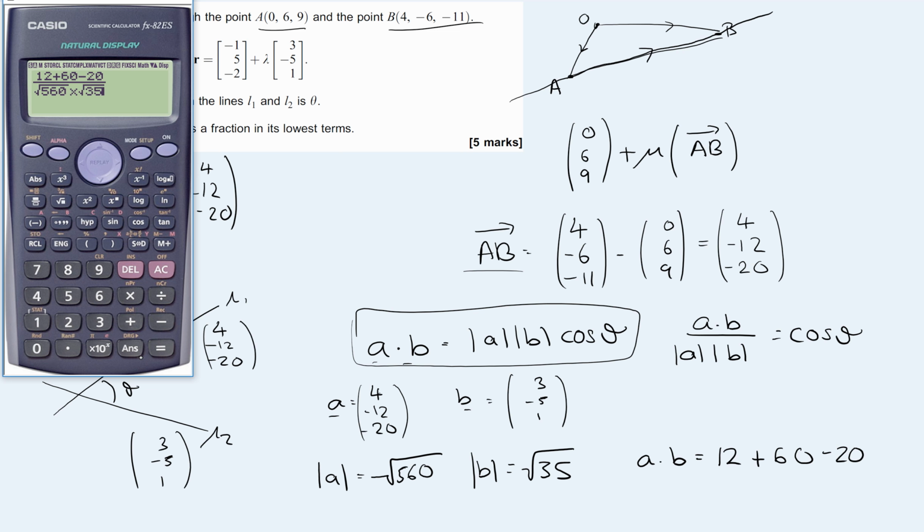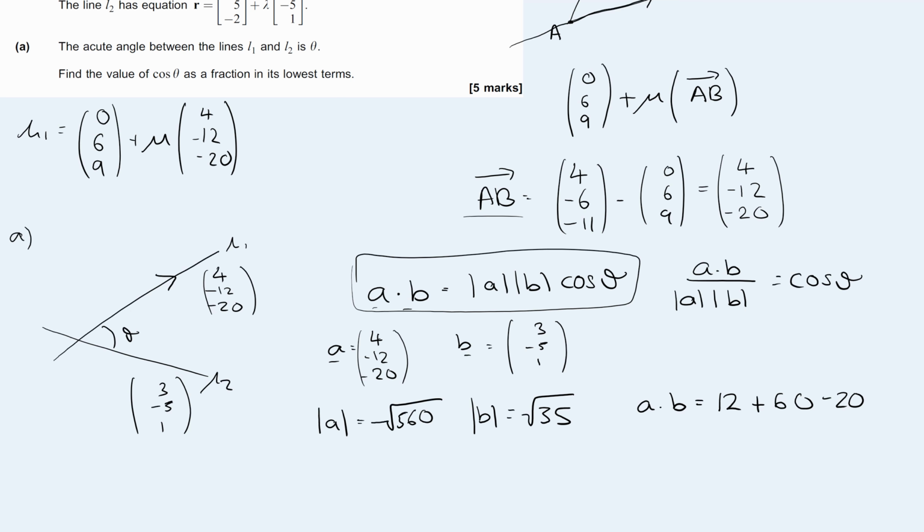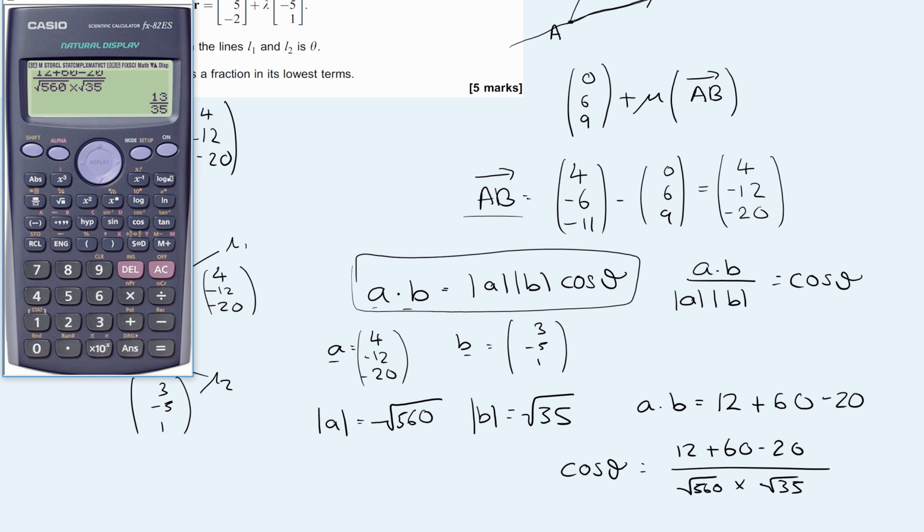And your workings really should reflect that. So you're saying that cos theta is equal to 12 plus 60 minus 20, which you can evaluate if you like, over root 560 times root 35, and that comes to 13 over 35.